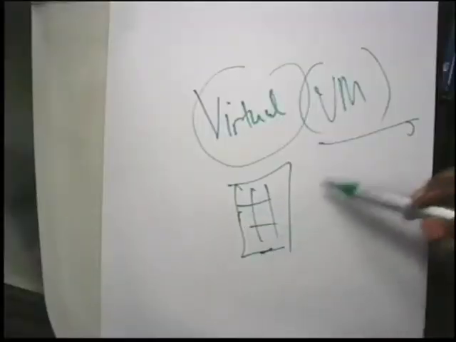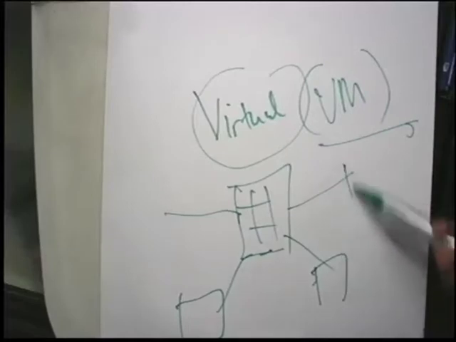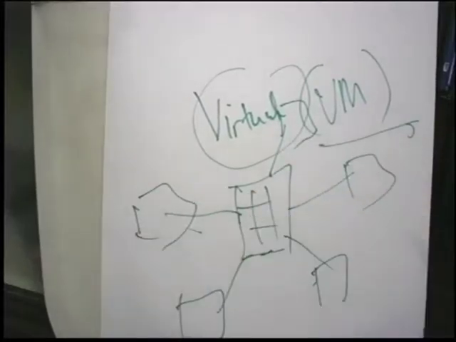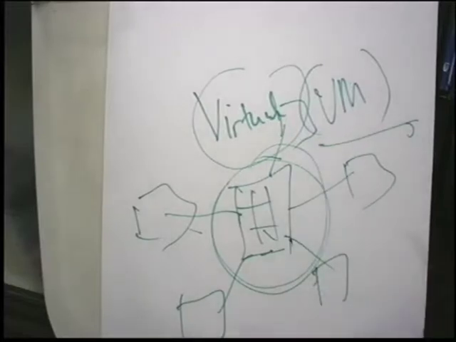Let's say this is our server, then we can have different machines that can access that server virtually. They are able to share information on this server. They are not physically connected, but they are virtually connected. That is what we call virtualization.